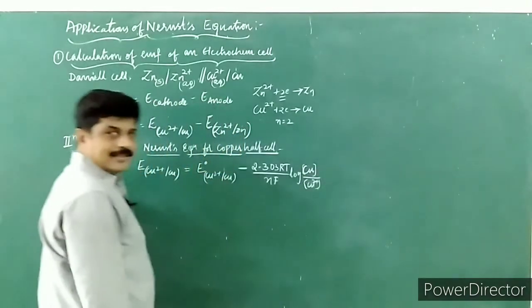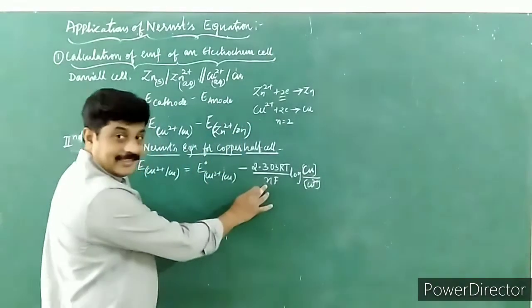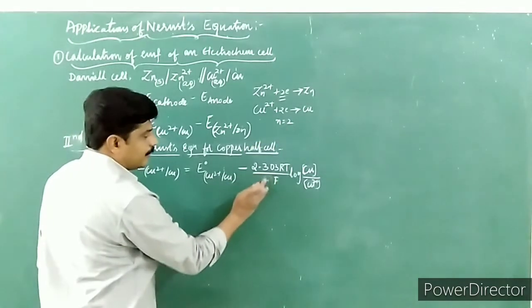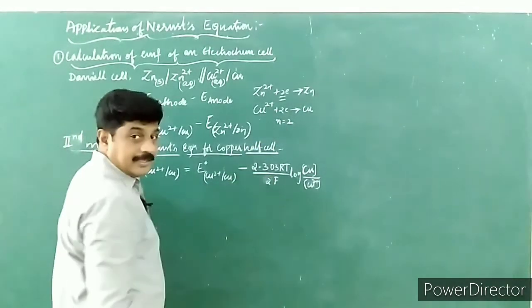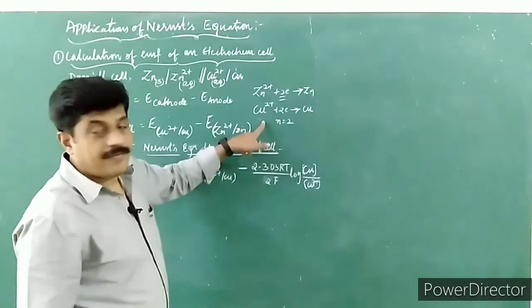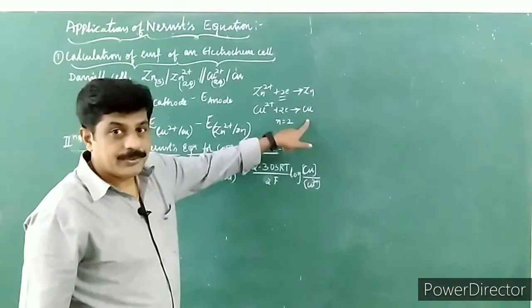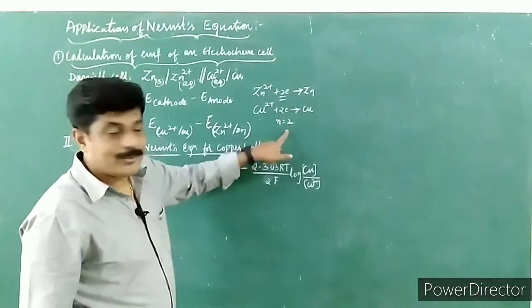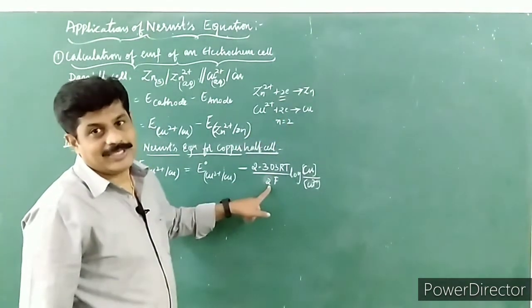Is it not? So let me find out n here. n, again, how much here? n is equal to 2, so I'll put 2 here. n is nothing but the number of electrons gained for reduction of Cu2+ into Cu. That means 2 electrons are gained here, that means n is equal to 2, that I have shown here.